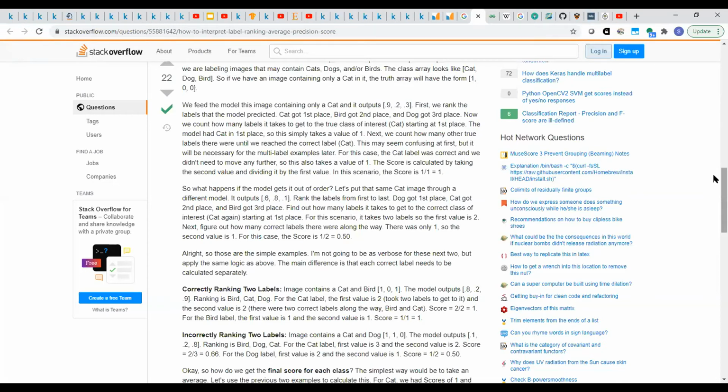But in that case, the issue, as I see it, is there's only a cat, and you're predicting that something else is in it. Okay, so that's slightly different, right? Because there is only a cat in the image, and you're saying that there is actually a dog and a cat. Whereas if there are multiple things in the image, as long as they all show up, then you don't get penalized.